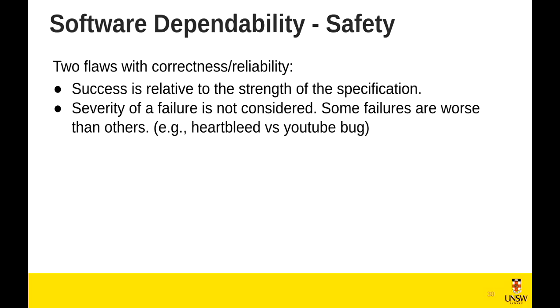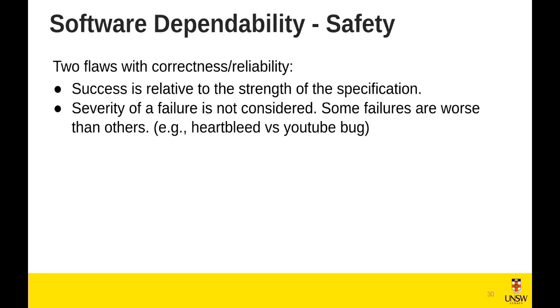And the second one is the severity of a failure is not considered. Like in our previous examples of bugs, we have the bug of YouTube, we have the bug of Heartbleed, and they have different severities. The Heartbleed is obviously more severe. So severity of failure is not considered by the properties of correctness and reliability.